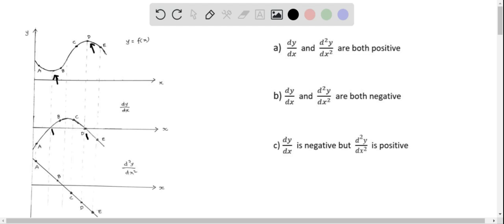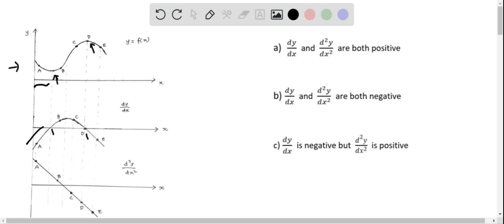I have marked the points first, and then I identified on what interval the graph of y equal to f of x has a positive as well as negative slope. If you consider the graph of y equal to f of x from this interval to this interval, the slope is negative, which means you have to draw it like this.